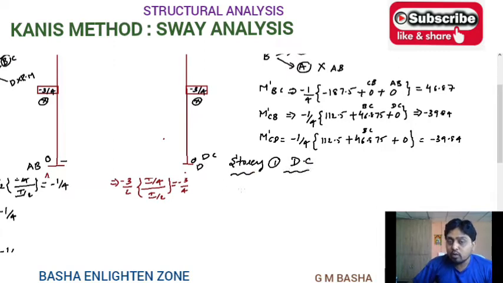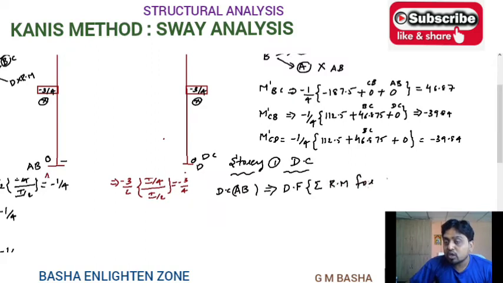So for that, if I am talking about AB displacement factors, displacement contribution for AB will be equal to displacement factor into sum of the rotation moments for top and bottom of the columns.